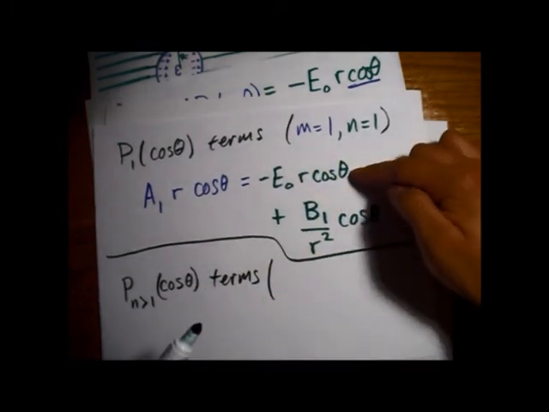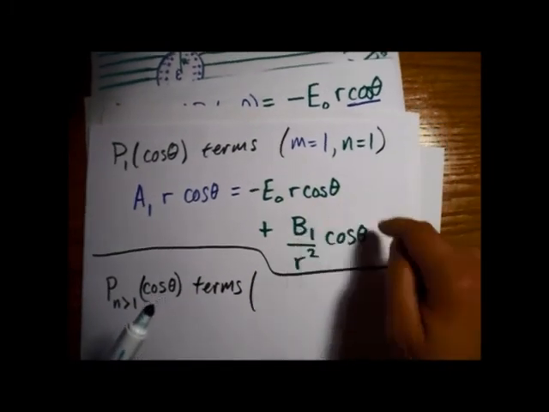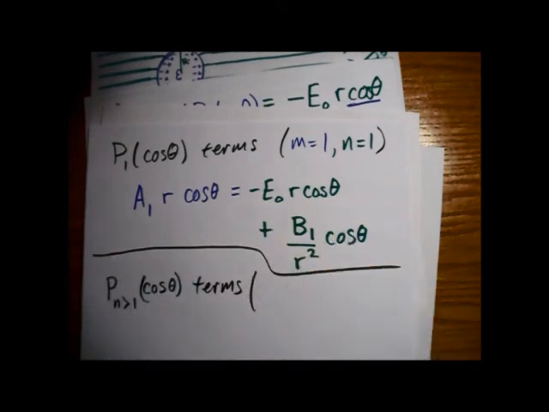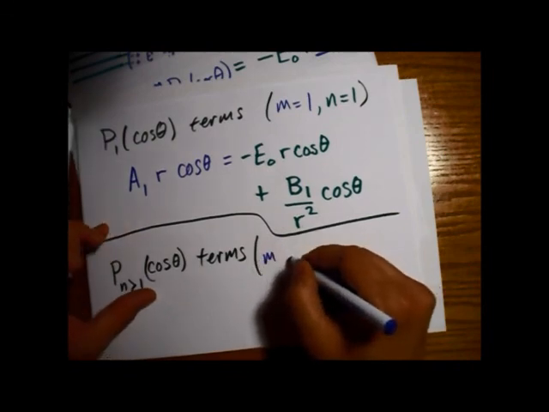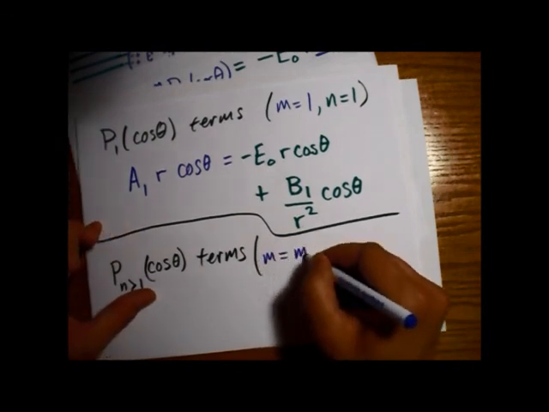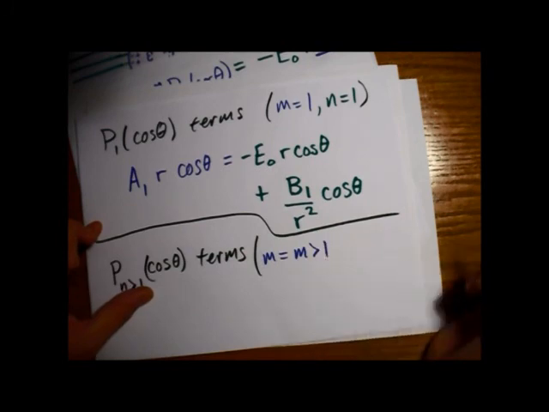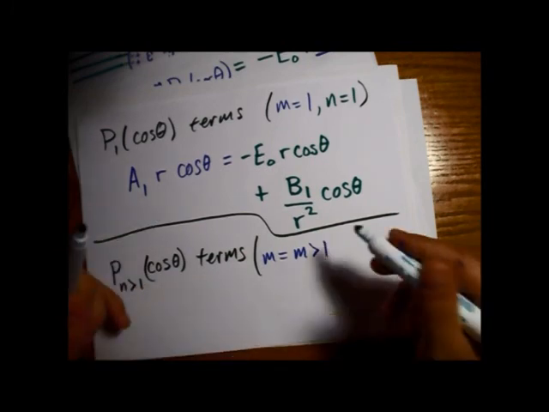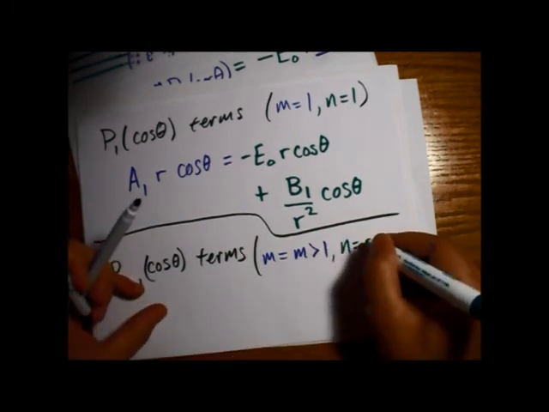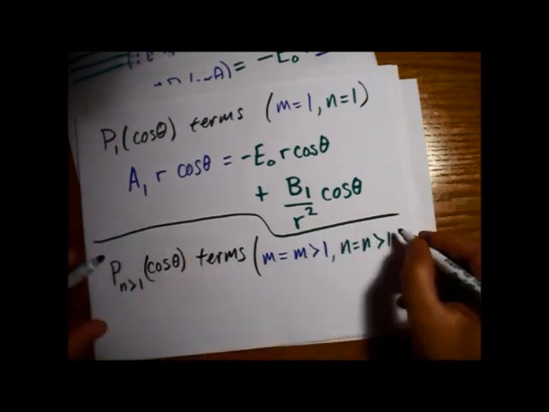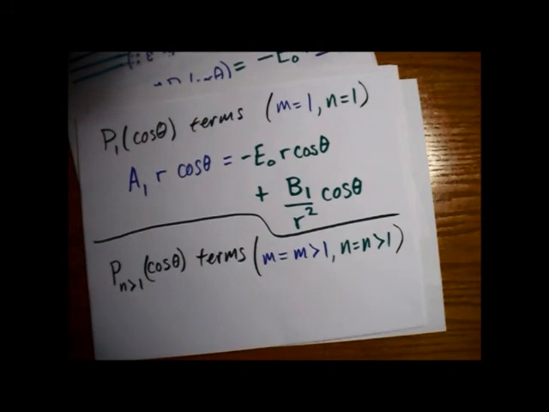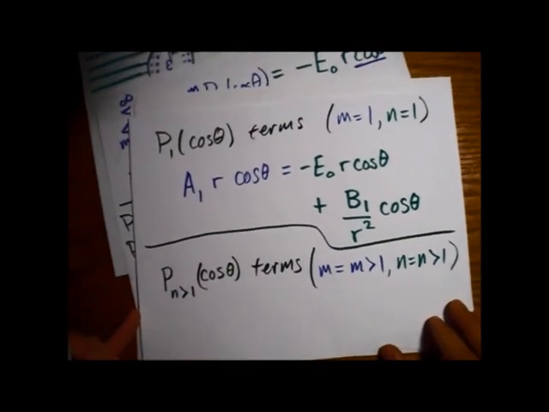So since this term involves the cosine, we're putting it with its buddies, keeping everybody else separate. All right, m is equal to any m greater than 1, and n is equal to any n greater than 1. Okay.